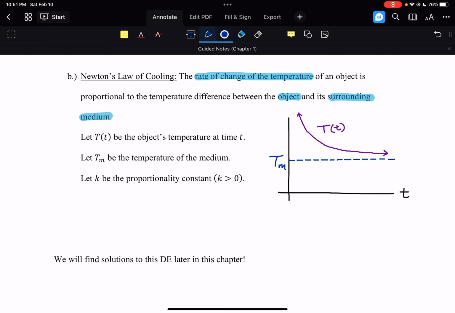So if you take something right out of the oven and you set it on the counter, it is going to cool because the difference in temperature is pretty large. If you took an object out of the oven and immediately put it into the freezer, that object is going to cool faster because the difference in temperature is greater between the freezer and the object.